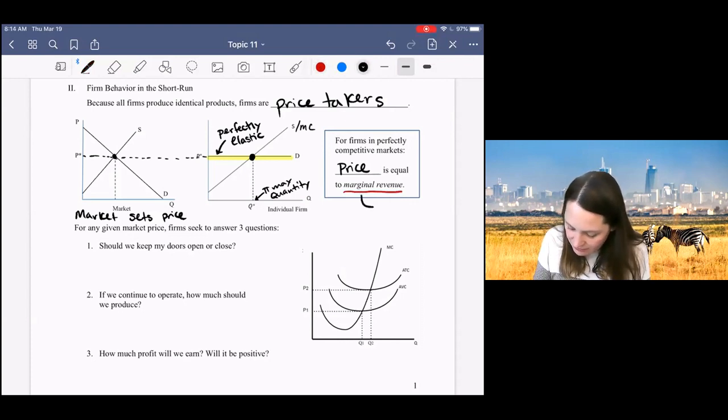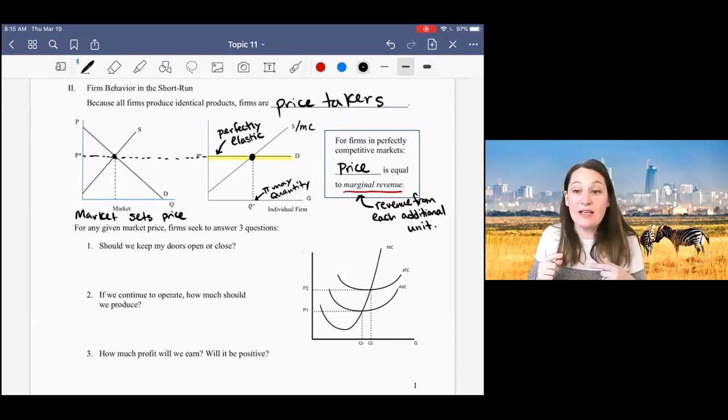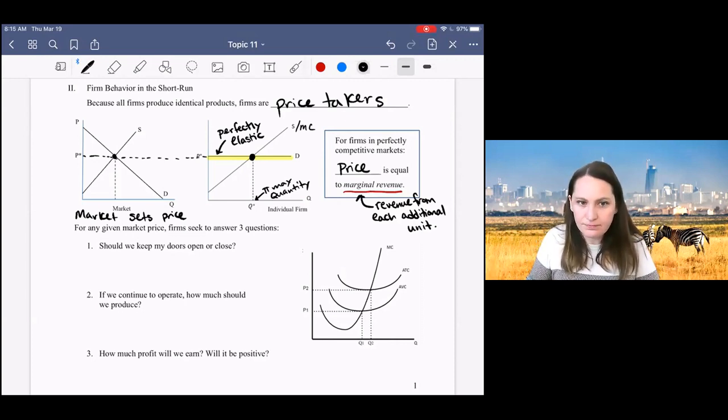And to remind you, marginal revenue is the revenue from each additional unit. Okay, so when I sell one more pound of apples, how much money do I get? In this situation, that's just equal to $2 a pound or whatever the market price of apples is. All right.